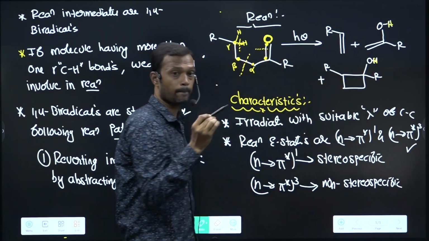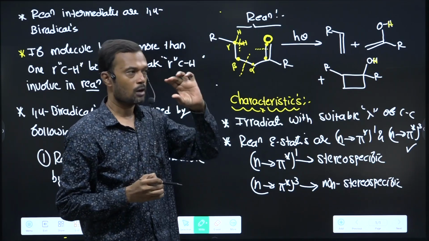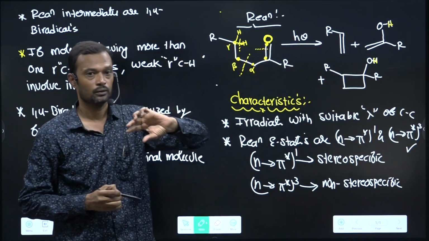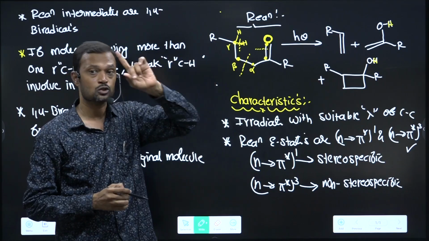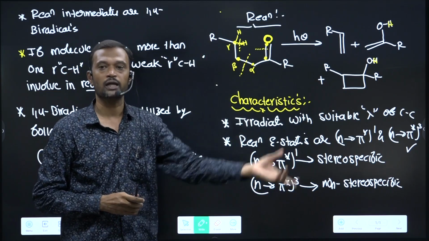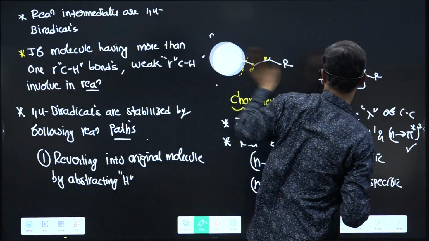How is it getting it? That hydrogen is given by the gamma carbon. So the gamma carbon can give hydrogen to oxygen, and in the same way it can take the hydrogen back. This is possible in Norrish II. Okay, that is your first reaction. After giving hydrogen, there is a possibility of taking back that hydrogen. That is the first possibility. Next, the second possibility.